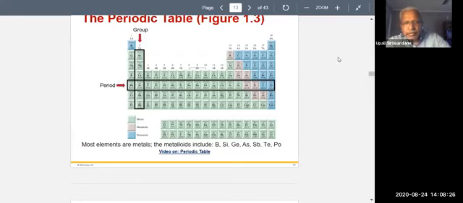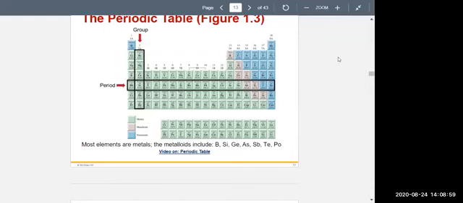In the periodic table, metals are in the green color. And what is in blue color? Non-metals. That includes noble gases, group 18. What is in pink?